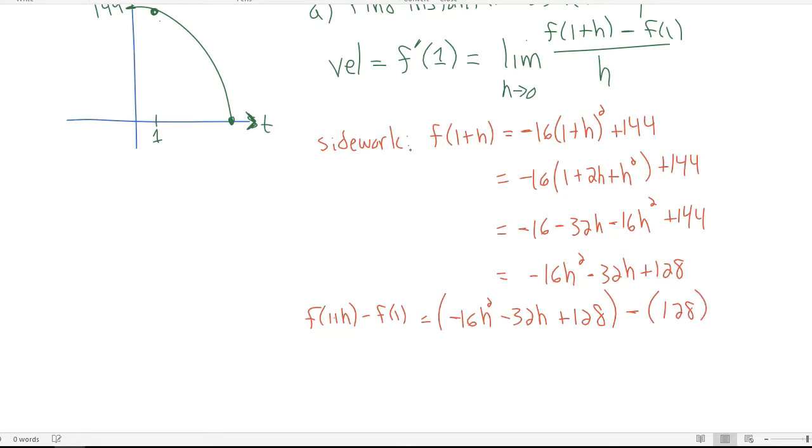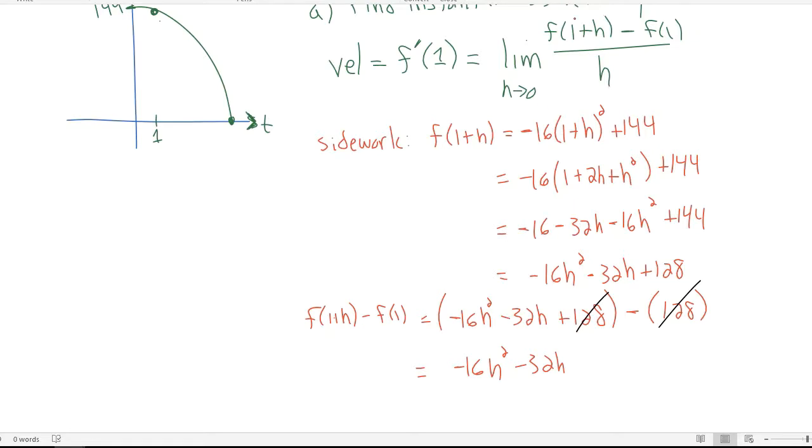So when I clean all of this up and simplify this, let me switch to a different color, we can see that the 128s are going to cancel out. And what I'm going to end up with for the numerator of my derivative is negative 16h squared minus 32h. So all of this is going to get plugged back into our derivative formula.